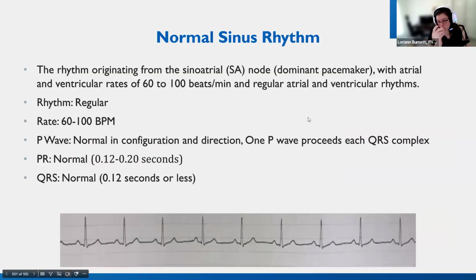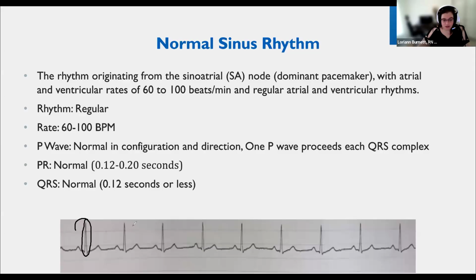So here we have an example of a normal sinus rhythm. Now, the EKG is kind of blurred behind it, but if we go through it, the first thing we're going to do is count, and we know it's a 6-second strip. I usually count the QRSs because they're very visible.